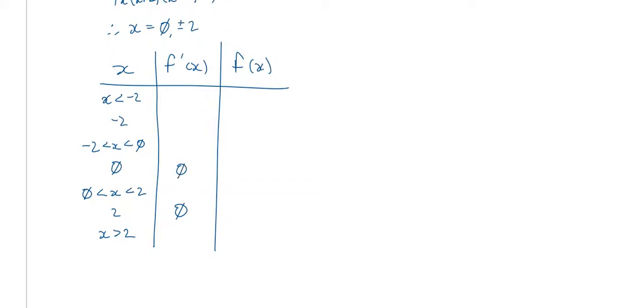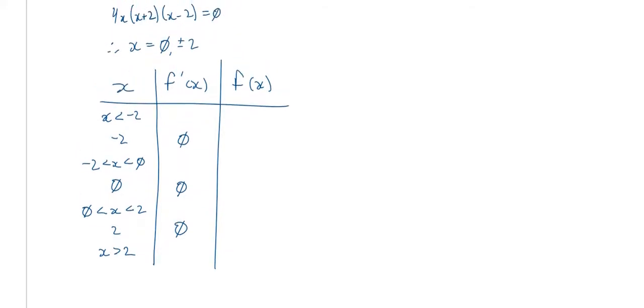And again, if it was where f prime does not exist, I would write that DNE, not 0. Now I'm doing the testing.